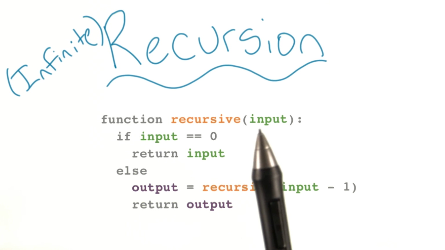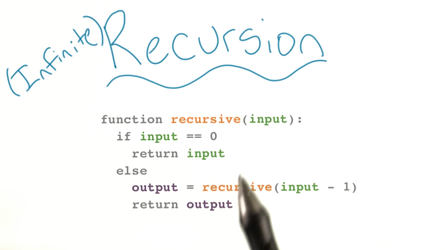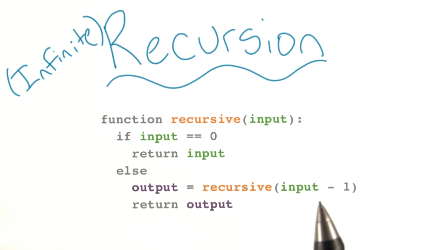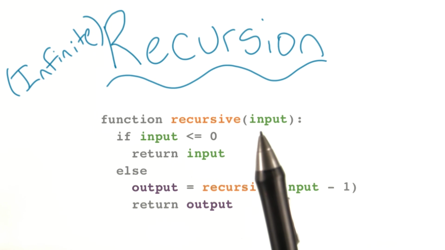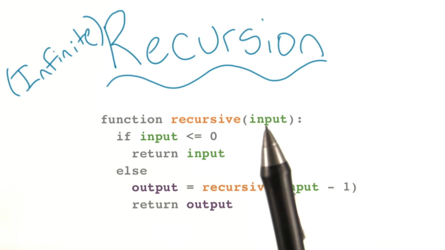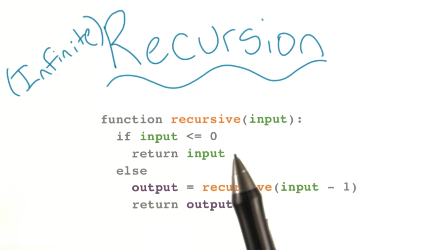If you start out with -2, you'll skip the if block and you'll just keep subtracting 1. Next time, your input's going to be -3, then you'll subtract 1, -4, subtract 1, -5, and so forth. If I use less than, though, if my number initially is -2 or -50 or -1,000,000, I'll stop as soon as I hit the base case.